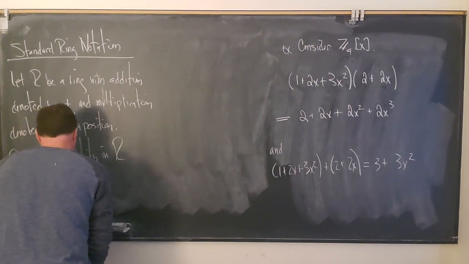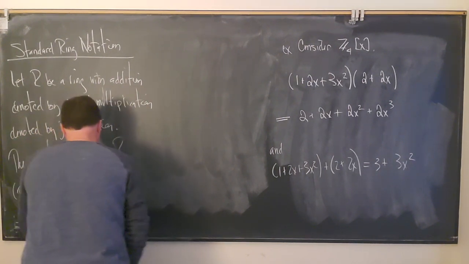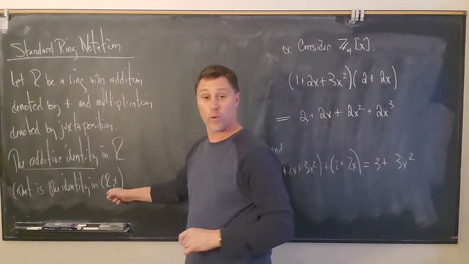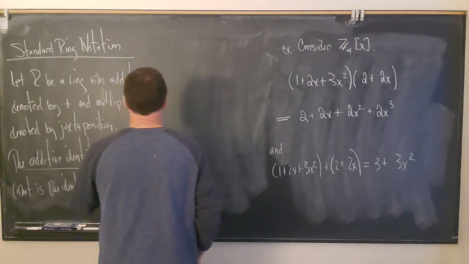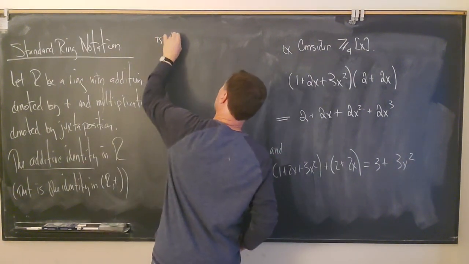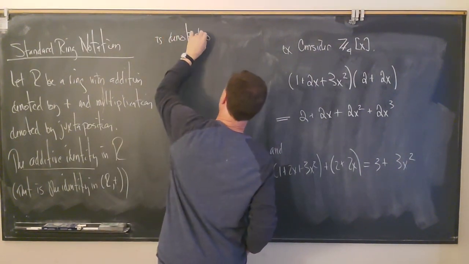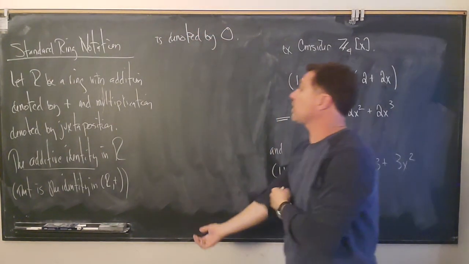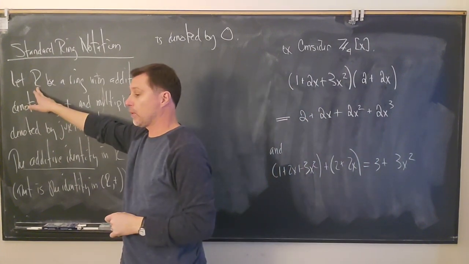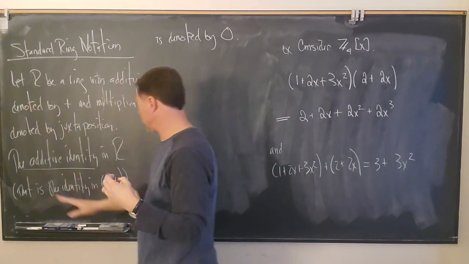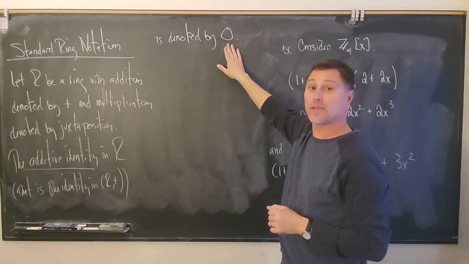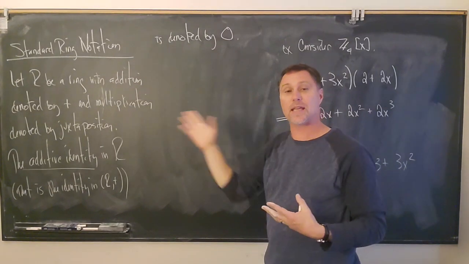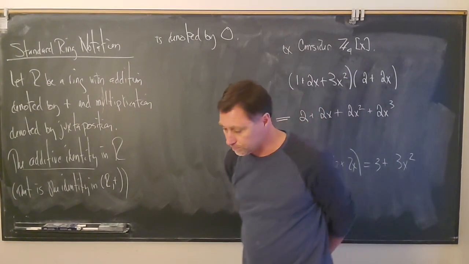The identity in the abelian group R with respect to addition is denoted by the symbol 0. So when we're working abstractly in a ring, capital R, the additive identity, we use the symbol 0. That does not mean the number 0. It's the symbol 0, and it stands for the additive identity.